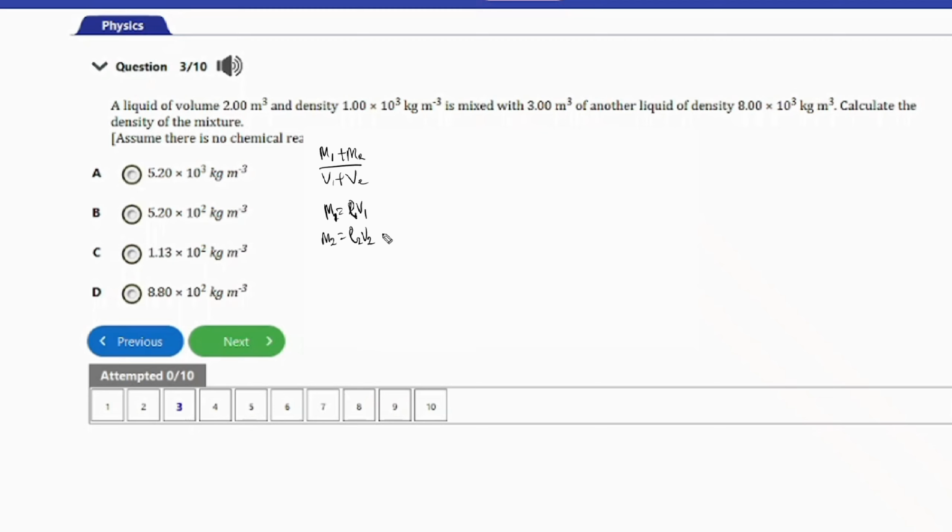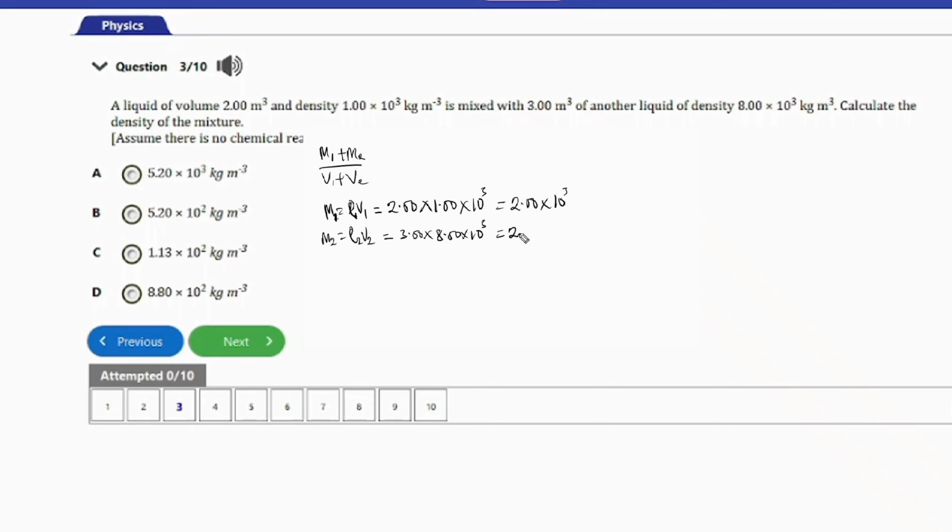So in that case, M1 is equal to 2.00 times 1.00 times 10 to the power of 3. So guys, that's 2.00 times 10 to the power of 3. And then for the second one, we are going to have 3.00 times 8.00 times 10 to the power of 3.